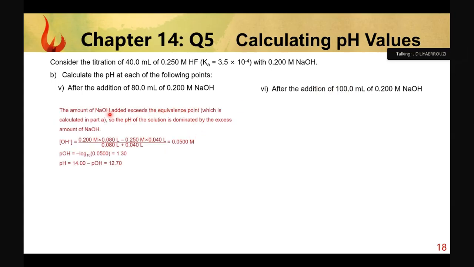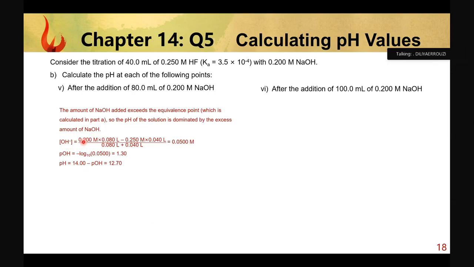When you add all the sodium hydroxide, you can neutralize all the hydrogen fluoride, and then the hydroxide ion will be in excess, and will be the only thing to determine the pH. So we just need to calculate how much sodium hydroxide is left.